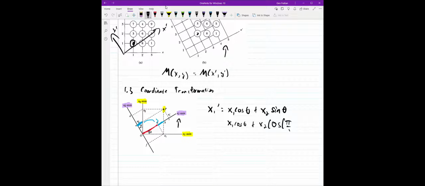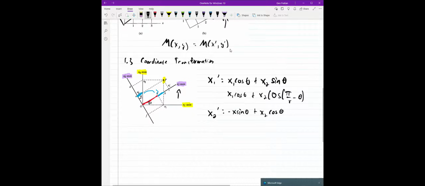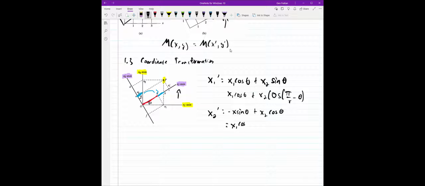Then similar analysis will give you x2 prime is equal to negative x1 sine theta plus x2 cosine theta, which again you can change the sign to a phase shifted cosine to have it all in terms of the same sine and cosine: x1 cosine of pi over 2 plus theta plus x2 cosine theta. Okay.